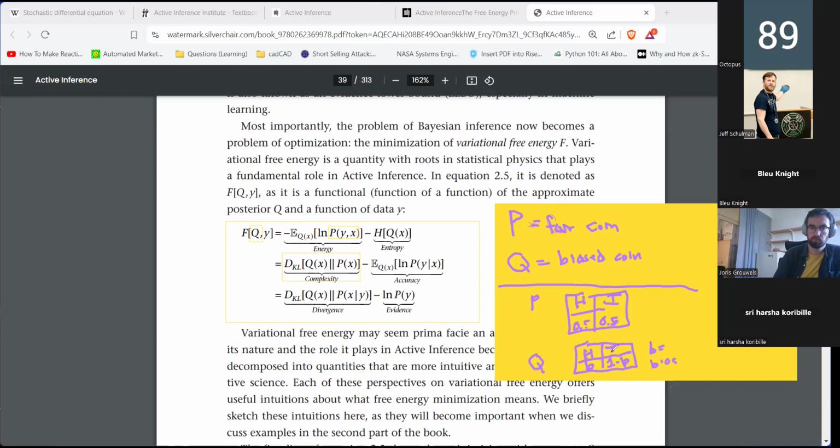So I'm going to use the second formulation for computing F of Q, Y, and I'm mainly going to be focused on what's called the complexity term here.